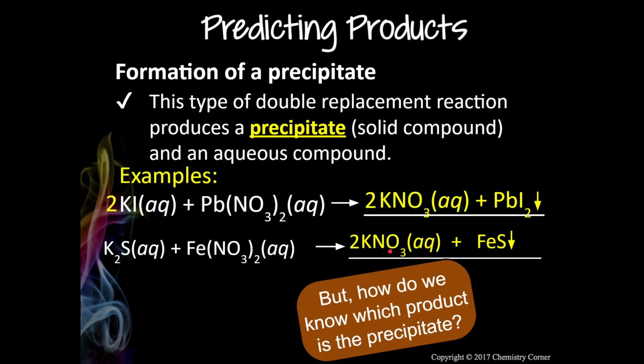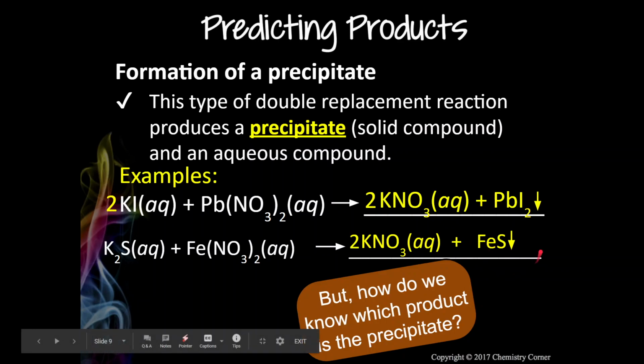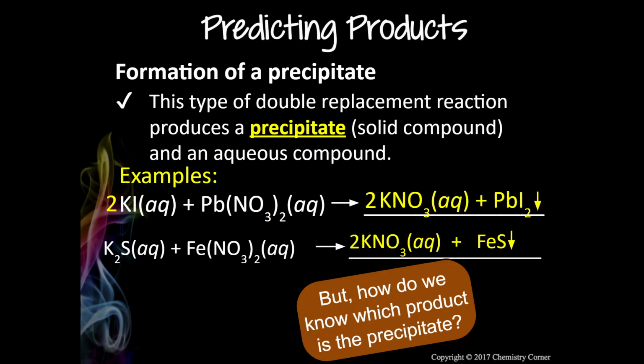Our nitrates are still soluble, and so are our group 1 ions, so that will definitely be a soluble compound, and so it will be aqueous. This will be solid. All right, and so that is exactly how we know which product is the precipitate, by looking at our solubility chart.